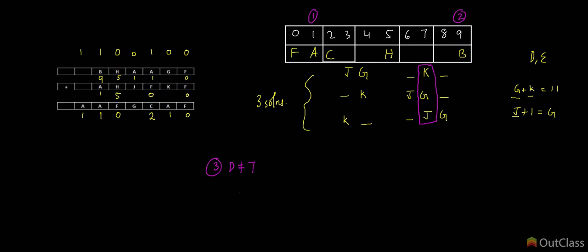So 7 is the answer basically, because the question is asking what value D cannot take. Answer is 7. The fourth question: which among 4, 6, 7, 8 cannot be taken by G? Now as far as G is concerned, G can either be 4 or 7 or 8. It cannot be 6. So the answer is 6.